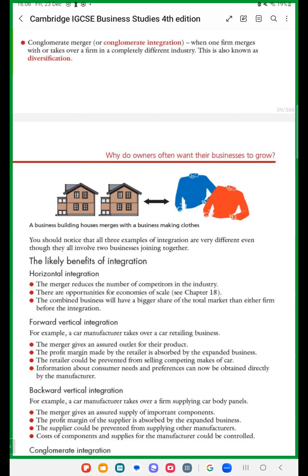Are you done? One second. I'm just writing one more for conglomerate. Okay. All right.